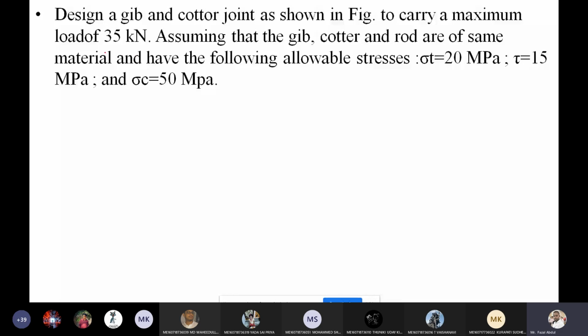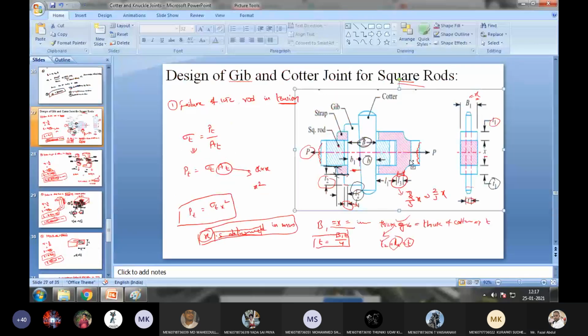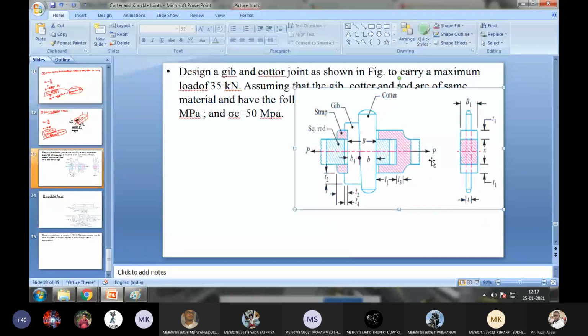Design a gib and quarter joint as shown in figure. This is the figure given in the question.